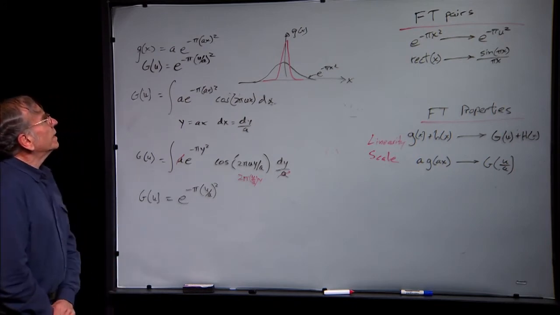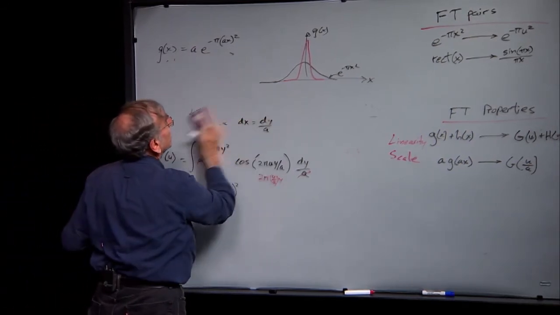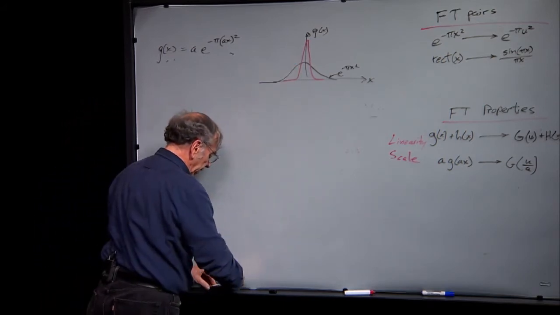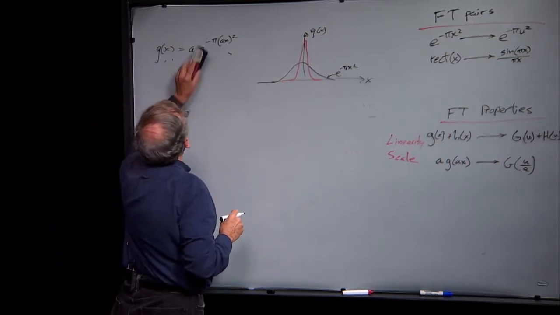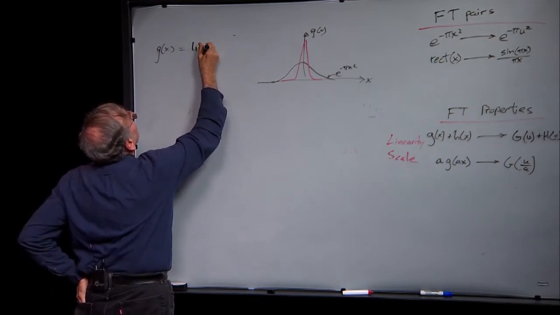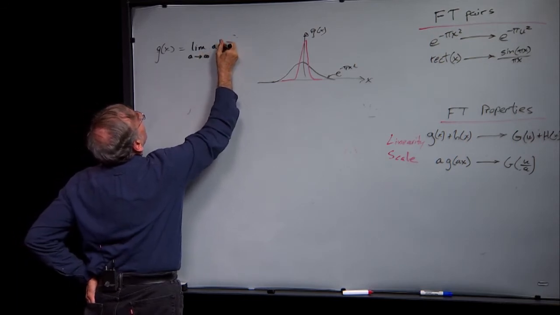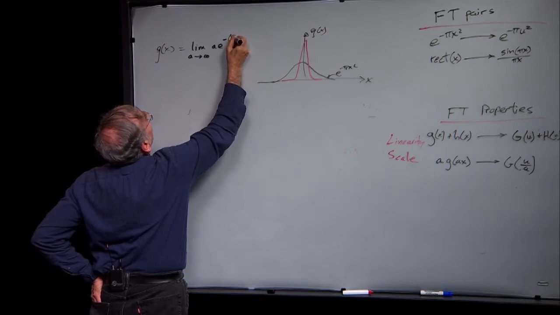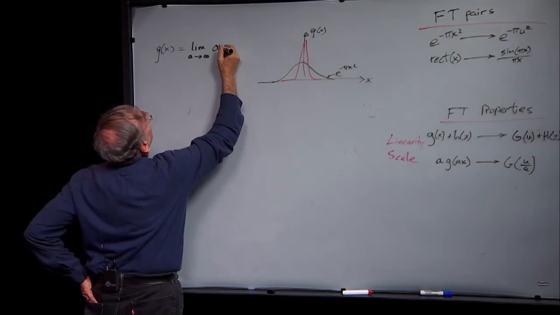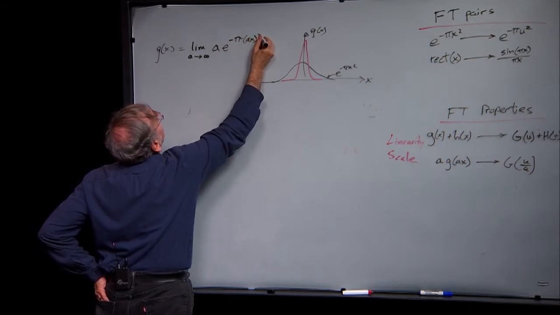Now, let's take this to an extreme. Let's make this function even taller and even narrower. Let g of x equal the limit as a goes to infinity of a e to the minus pi ax quantity squared.